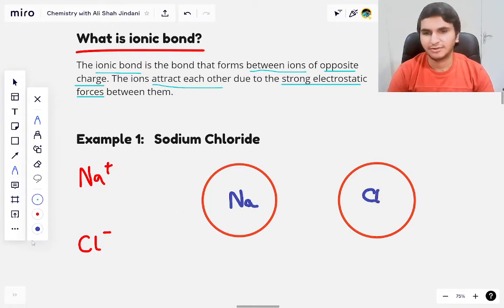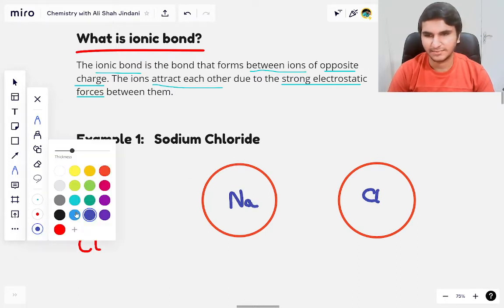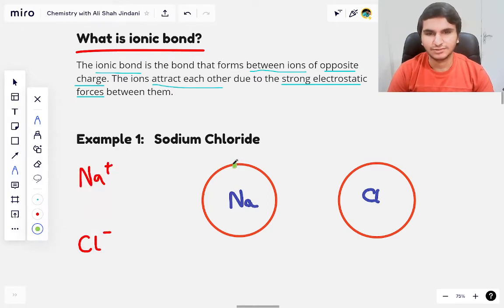So now we are going to draw the electrons. For sodium, let me just change the color. Yeah, so for sodium, we are going to draw this dot kind of electron, and for chloride, we are going to draw crosses, right? So 1, 2, 3, 4. I'm just drawing it in pairs of 2 so that it is easier for you to see.